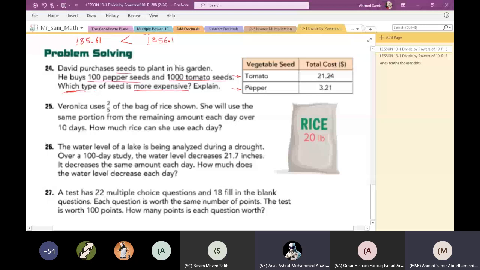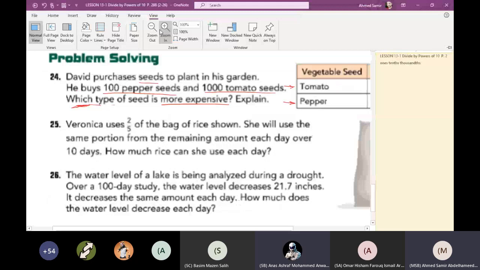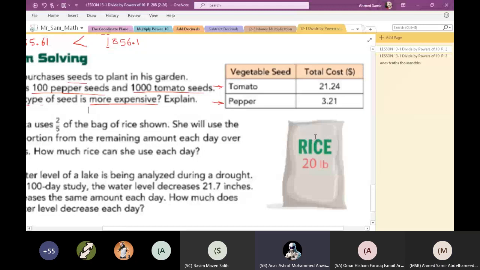The pepper. Wait, we're not done. How can we do that? First of all, we have to find the price for each seed. How many seeds did he buy for the tomatoes? 1,000.